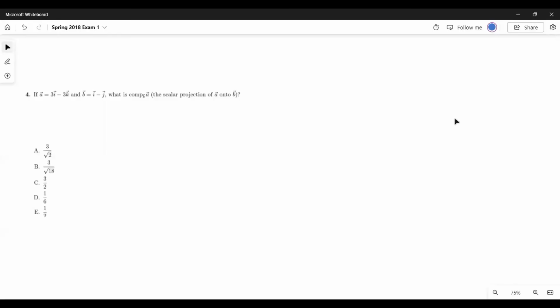Okay, this question asks: A equals 3i minus 3k and B equals i minus j, and it's asking for the scalar projection of A onto B. The scalar projection of A onto B, comp_B of A, is equal to A dot B over the magnitude of B. So let's find the A dot B value.